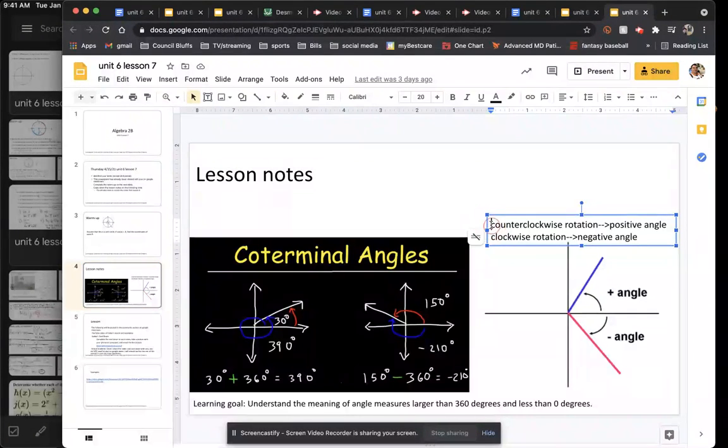If I'm rotating in a counterclockwise direction, that tells me that the angle has to be positive. If I'm rotating in a clockwise direction, then the angle has to be negative.